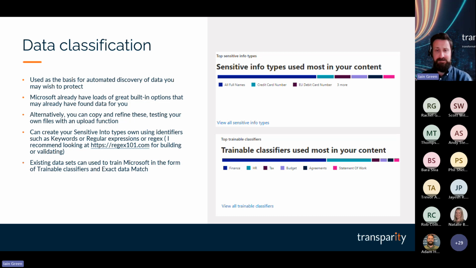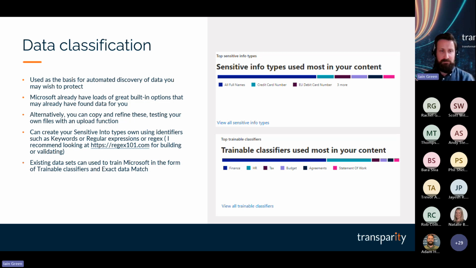And then it will go off and look for that specific use case across your organization. There is, within sensitive info types, a fingerprint SIT, which does something slightly similar, and it's slightly easier to use. So if that is something you're looking to do, I could explore that one first.